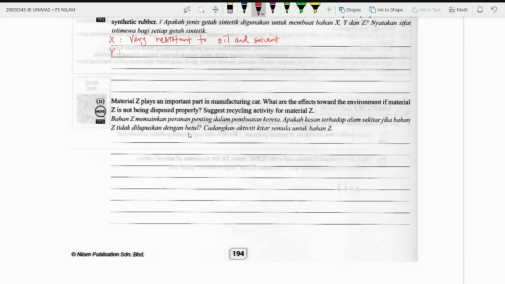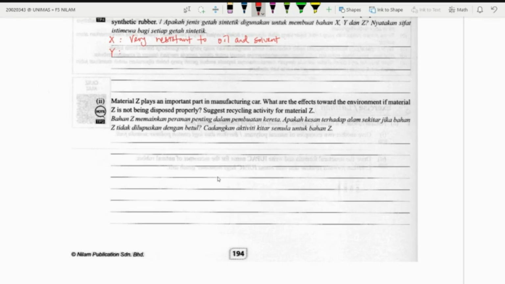Just now we discussed a few, right? If you have found yours, can you type out your answer? You can type in more than one if you want. What is the effect, class? It becomes breeding grounds for mosquitoes. Correct, you can write down. Land pollution. What else?